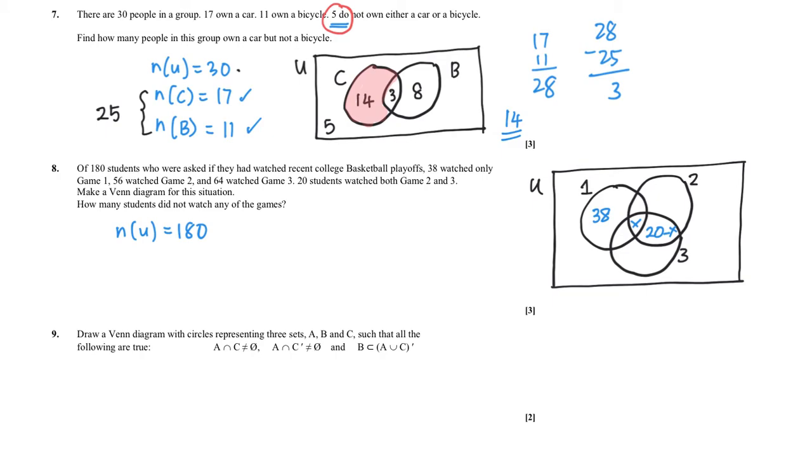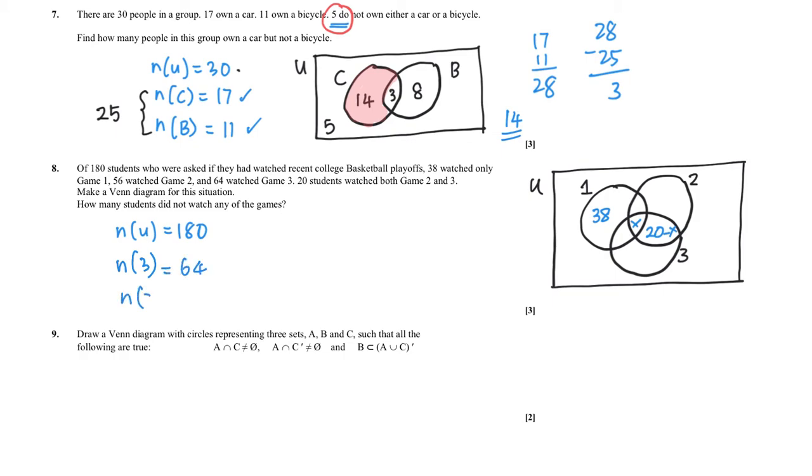Right, we don't have the number, but this is the most we can do. And then they say here, watch game 3. So this is the game 3 circle, and this one is 20. Here, game 3, they mention we have 64.